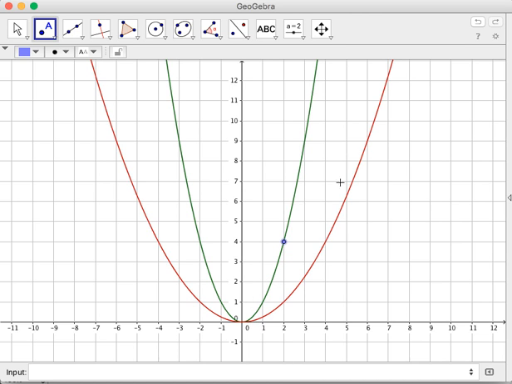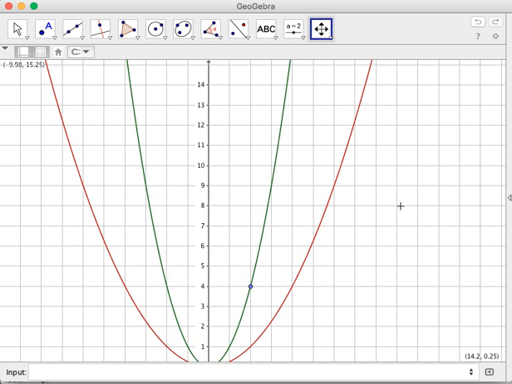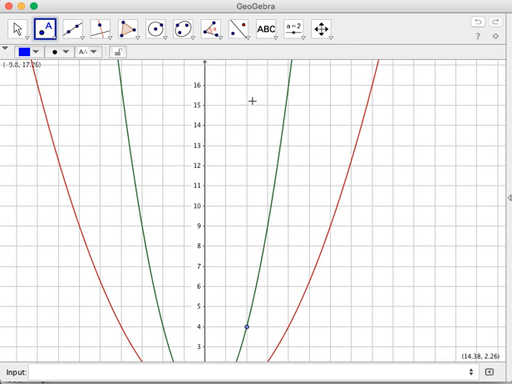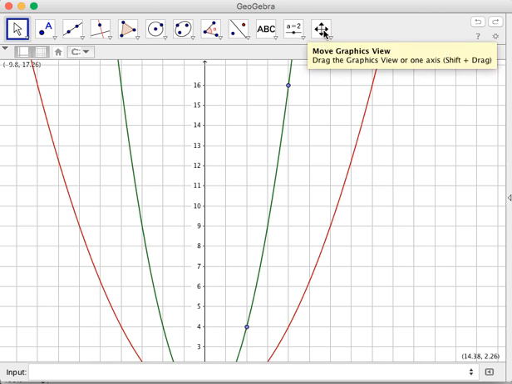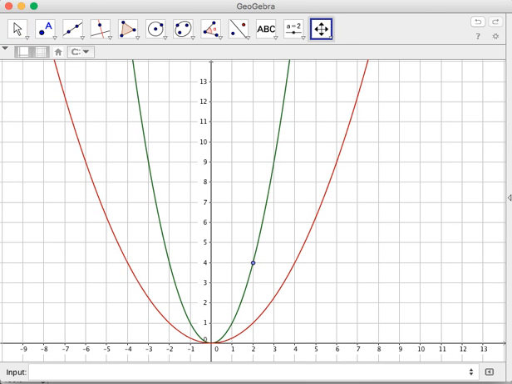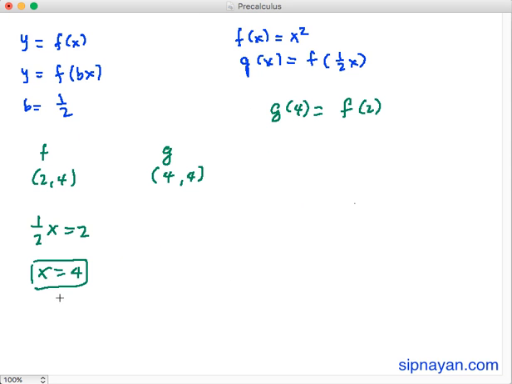Let's take another point. For example, another point on the graph. Ito, 4, 16, di ba? 4, 16 is a point on the graph of f. And again, 1/2 x, pwede natin ulit equate sa 1/2 x equals 4.